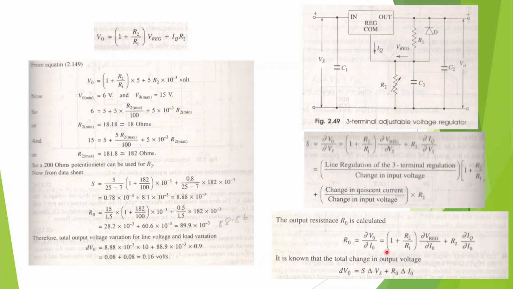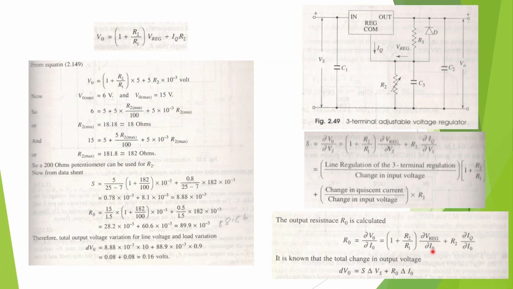Now let us find the value of RO. The equation for RO is given here: 1 plus R2 by R1 times del Vreg by del IO, plus R2 times delta IQ by delta IO, the change in constant current with output, the change in output voltage.